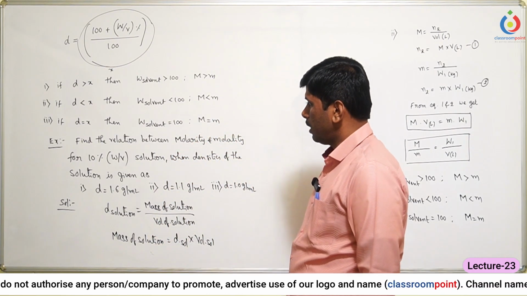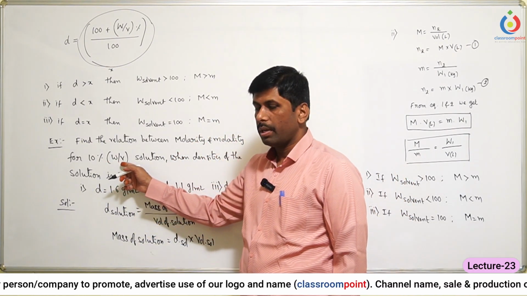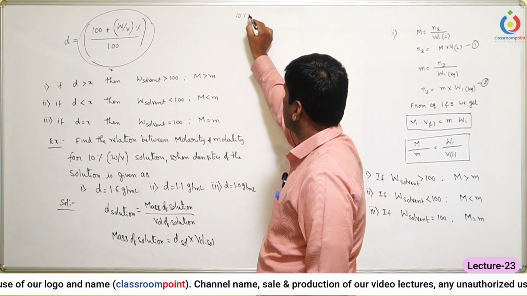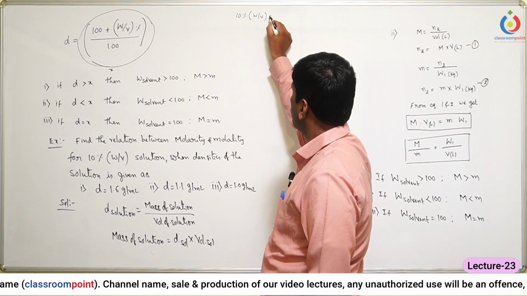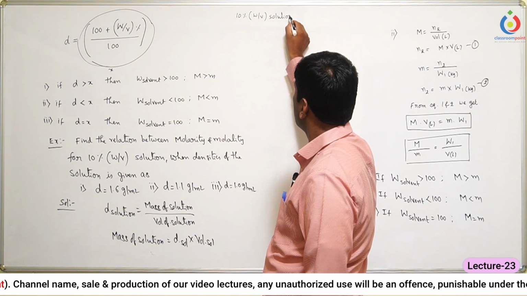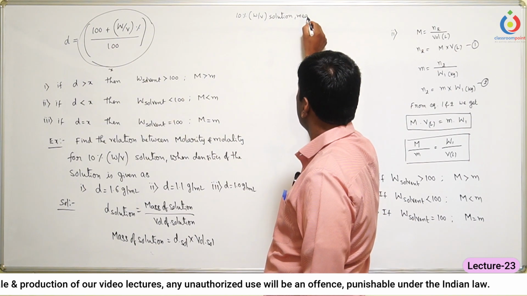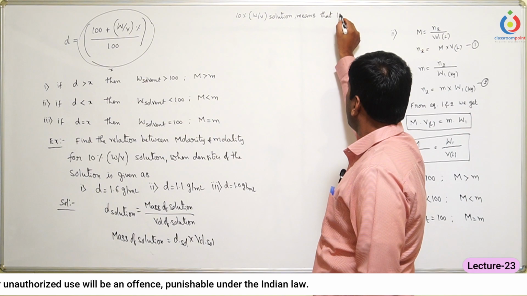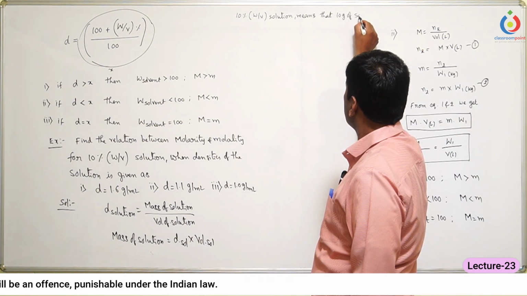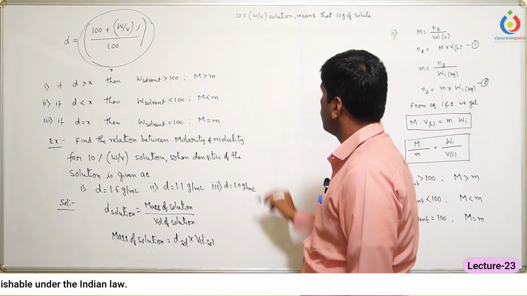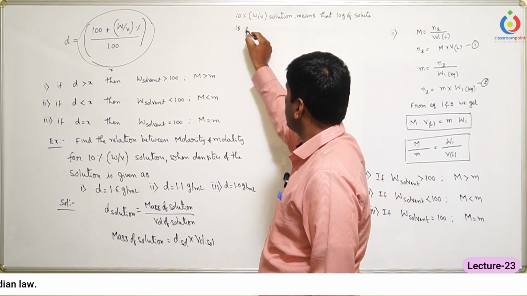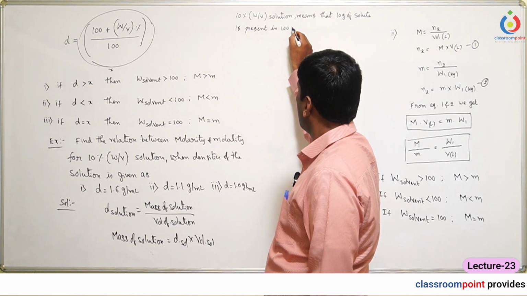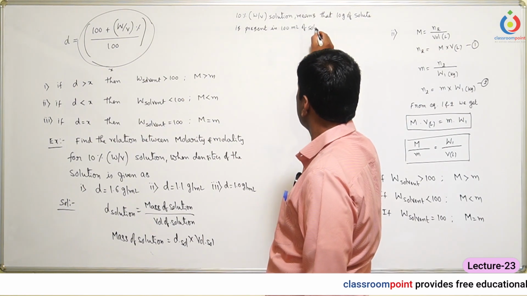The given question says 10% weight by volume solution. That means 10 grams of solute is present in 100 ml of solution.